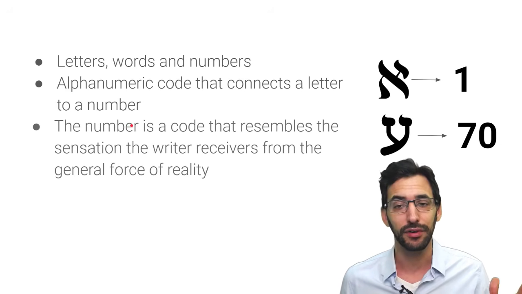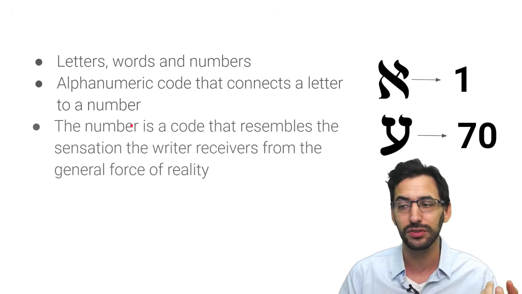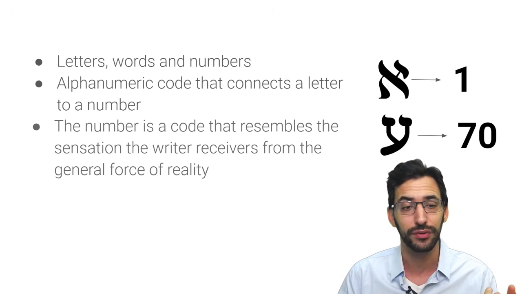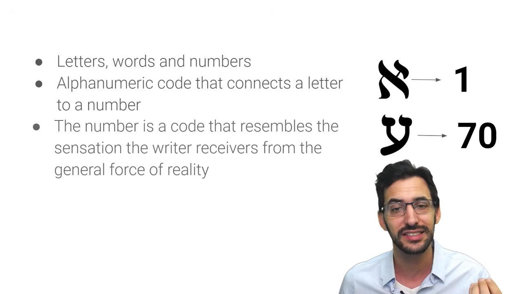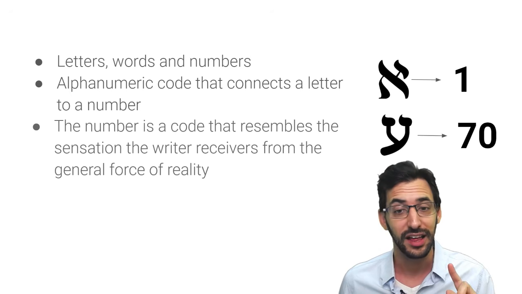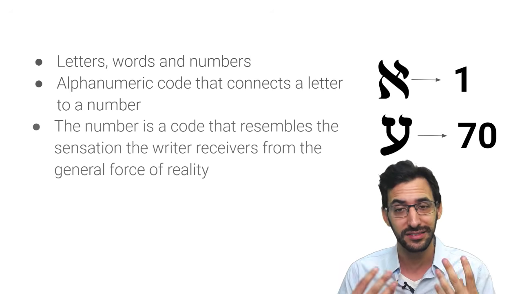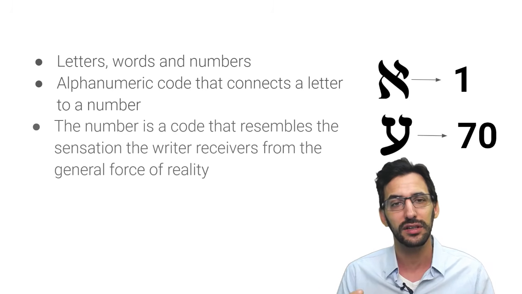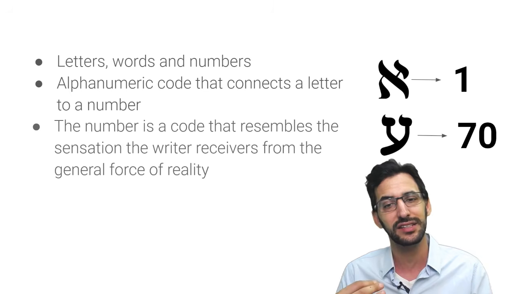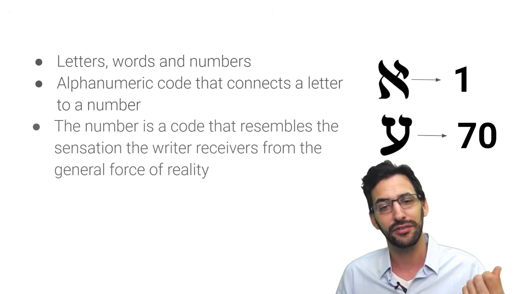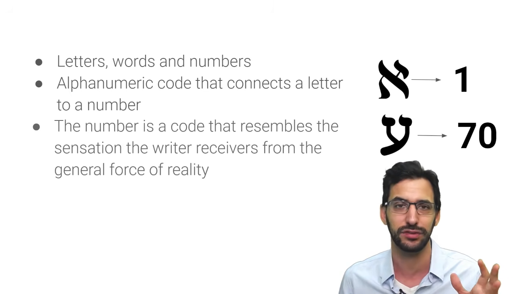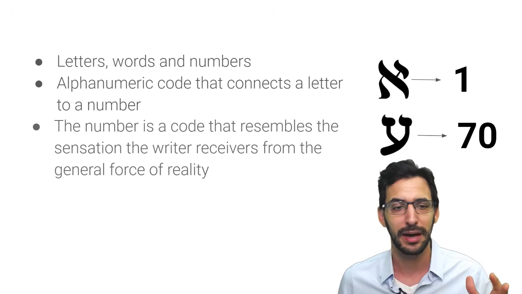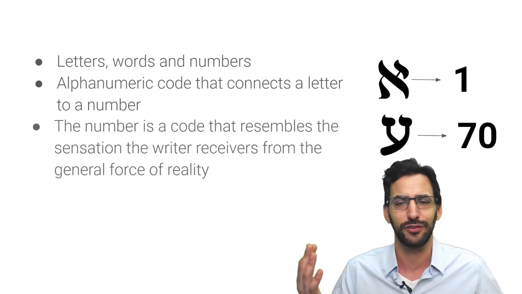Basically, this number resembles a code. And this code is a sensation that the Kabbalist who writes these words and letters receives from the general force of reality. Now, you might be wondering, what's the general force of reality?